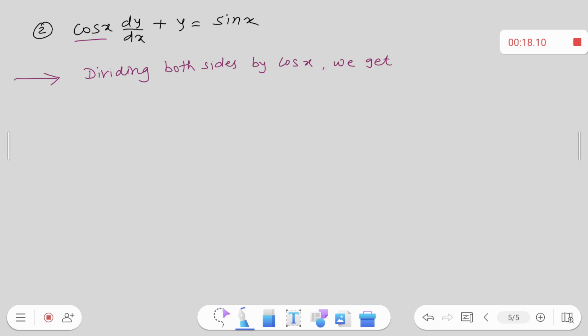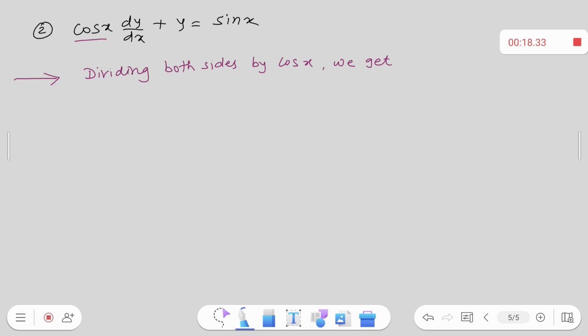Since the differential equation is not in standard form, to convert it into standard linear form, divide by the coefficient of dy by dx. In this case cos x is the coefficient, so to make the coefficient 1, divide through by the same coefficient, that is cos x.